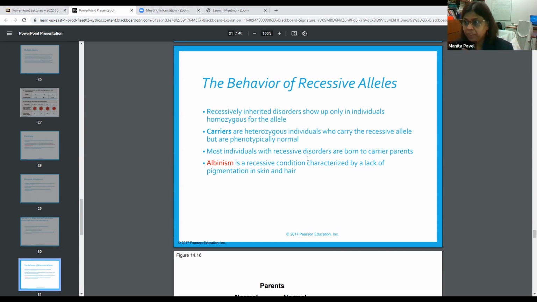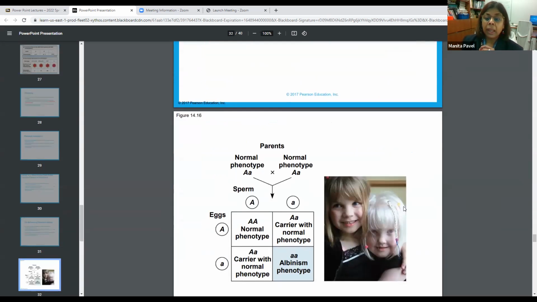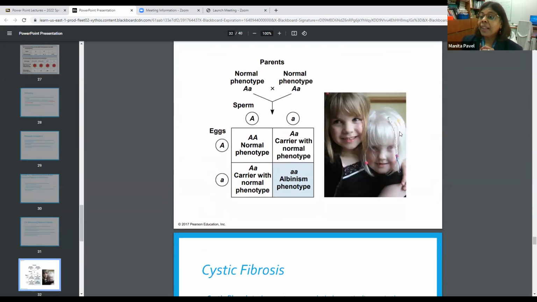Albinism, an individual referred to as an albino, is a recessive condition characterized by lack of pigmentation of skin and hair color. So when you look at albinos, you see that their eyelashes will be white, and the hair color and skin pigmentation are extremely white, a lack of skin pigmentation, and therefore they are called albinos.